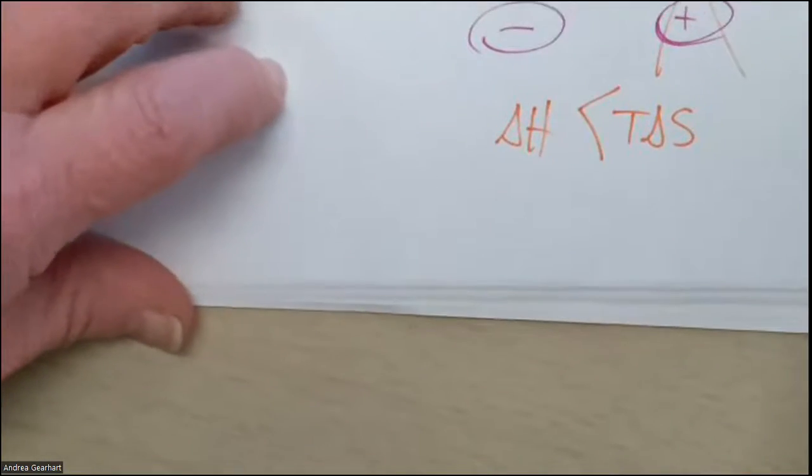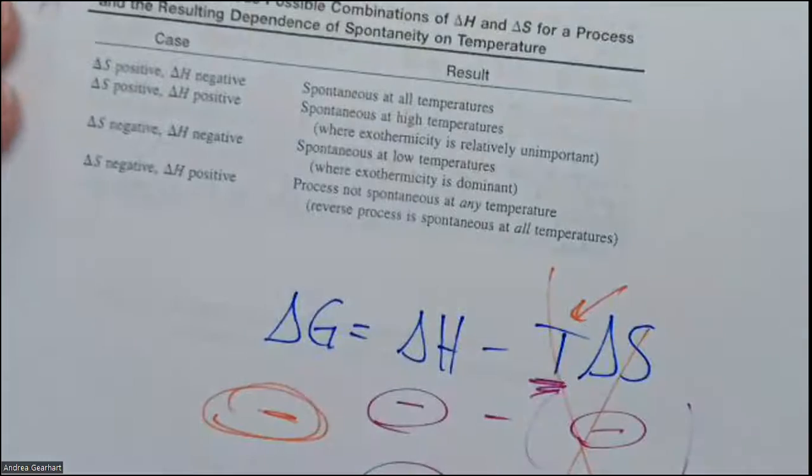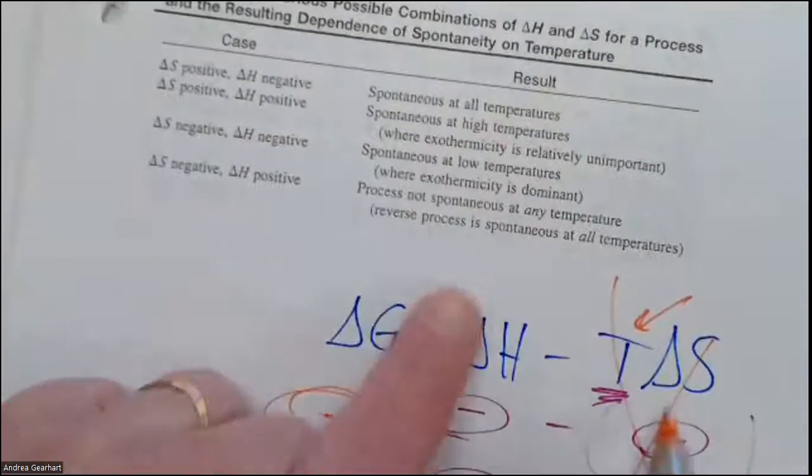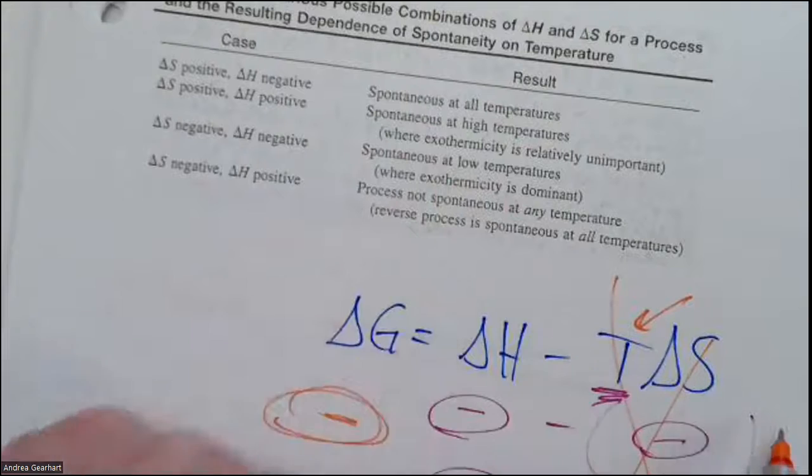So when can temperature play a role? It's when the terms are not in agreement, if you will, in making delta G negative.